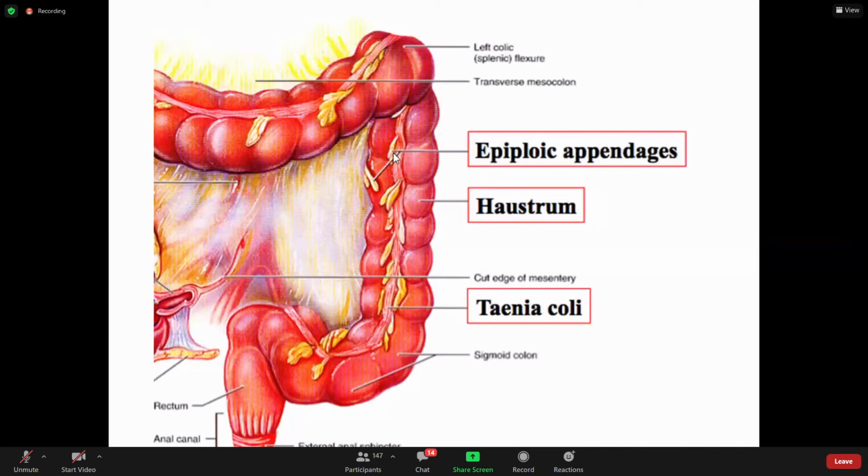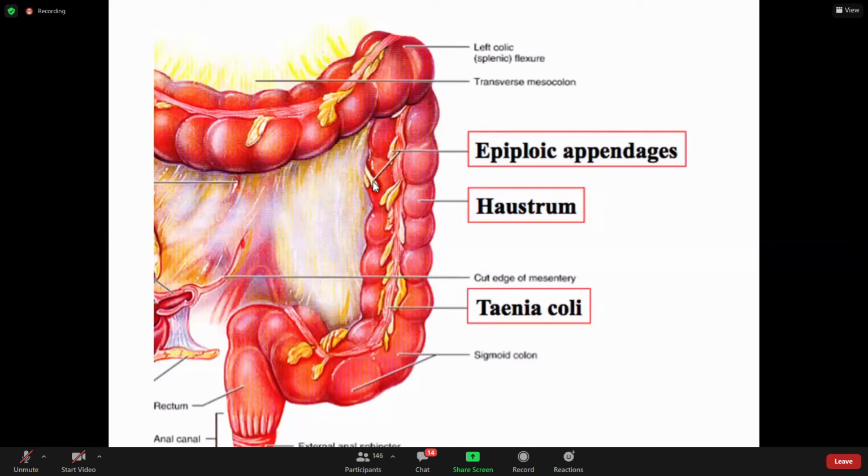These are nothing but basically small bags of the visceral peritoneum which contain fat in them, and they are present on the anti-mesenteric border. So basically they are the fat filled bags of the visceral peritoneum which is attached to the tinea of your large intestine, at the anti-mesenteric border.